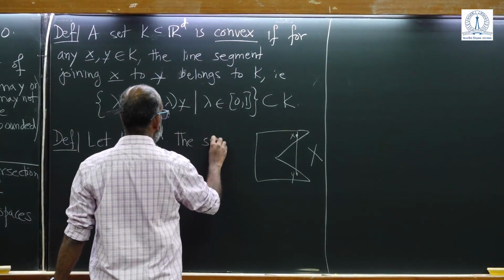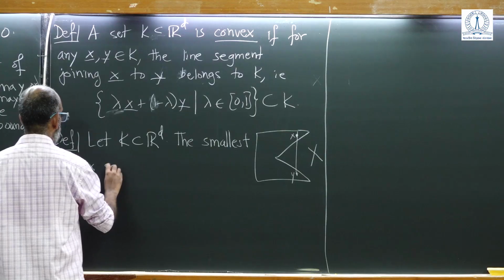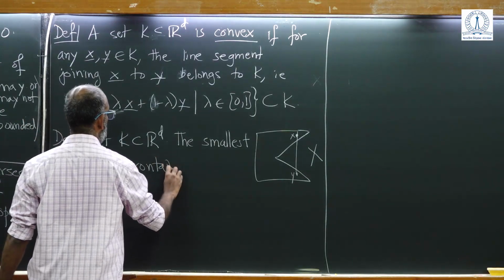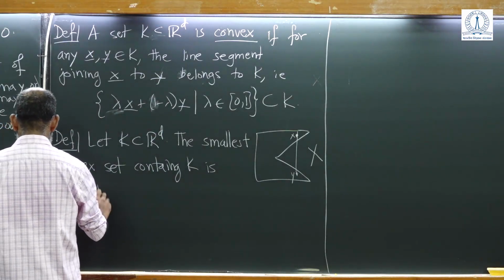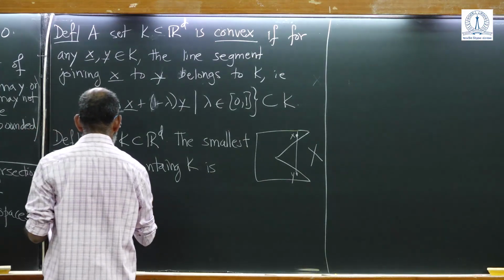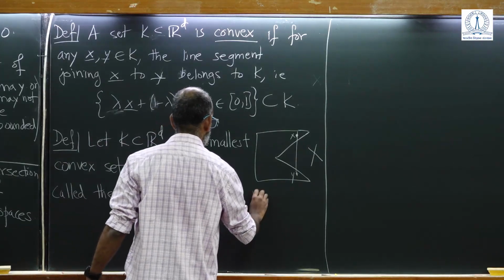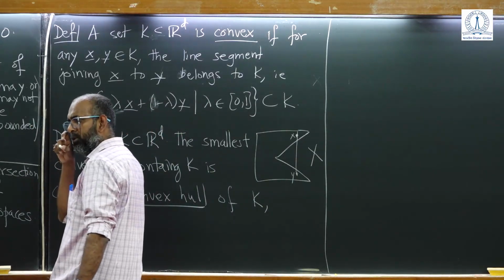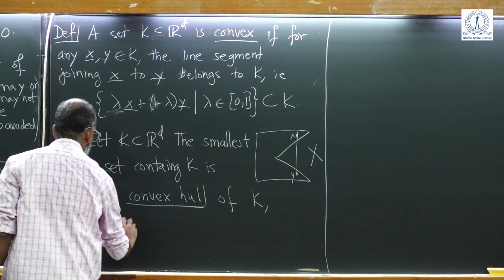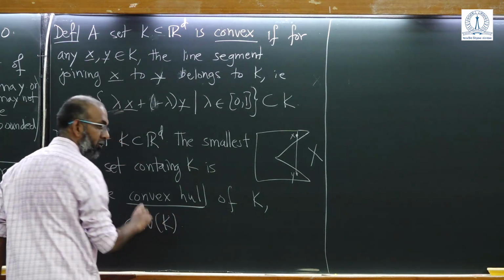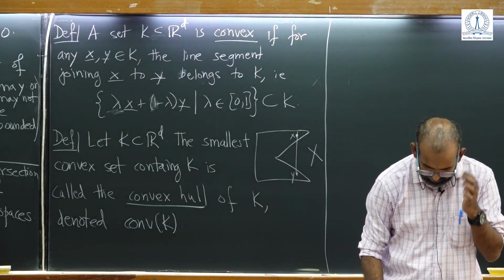The smallest convex set containing K is called the convex hull of K. And we'll also use conv of K as a notation. So we'll denote it conv. Okay. We will see examples of this very soon.